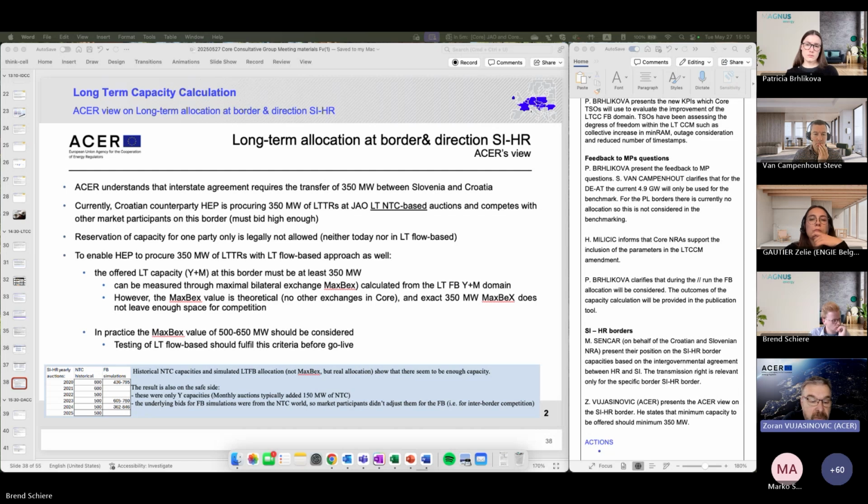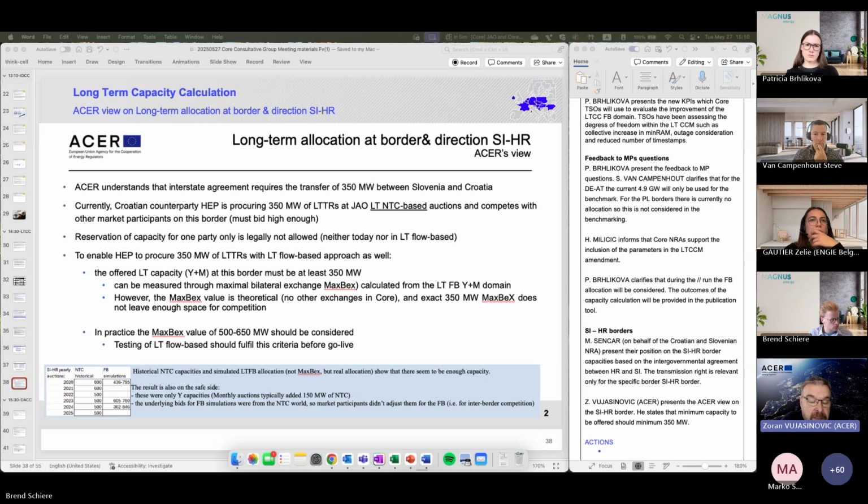Our assessment was that up to 650 megawatt should be considered as a max BEX value, which would enable this 350 to be practically available. Now it's also up to DSOs to test the long-term flow-based and to see if these criteria are fulfilled. Before the go-live, it would be very beneficial to see the values of max BEX.